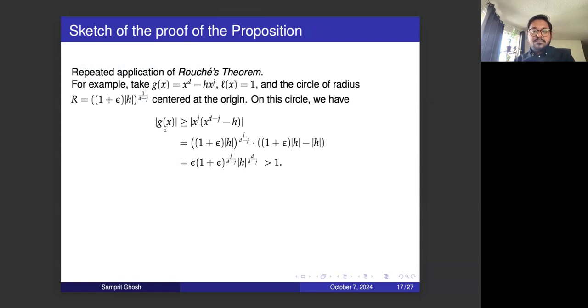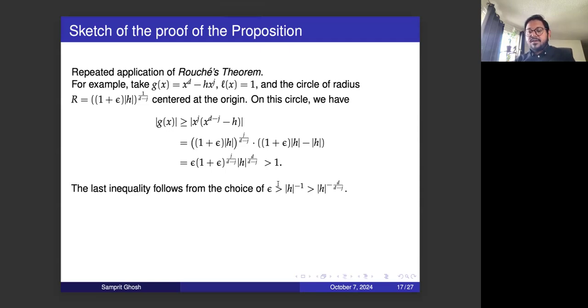On this circle, we take the absolute value of g(x), and you get (1 plus epsilon) modulus h to the j over d minus j, times (1 plus epsilon) modulus h, minus modulus h. And so you have an inequality which is bigger than 1.